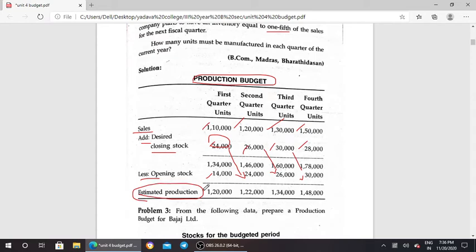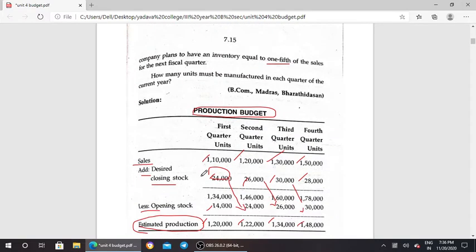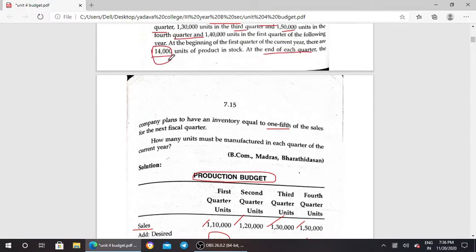So for the first quarter they have a budget of 1,20,000, then for the second quarter 1,22,000, third quarter 1,34,000, fourth quarter 1,48,000. Again I will repeat. In this sum they didn't give the closing and opening stock, but they have given only the current year's opening stock, 14,000 at the beginning of the first quarter.